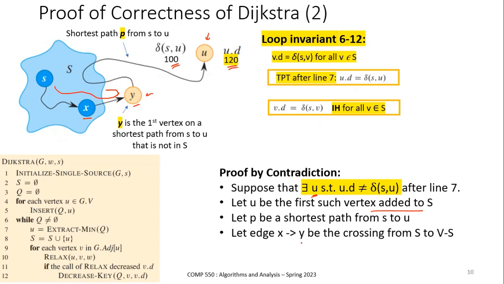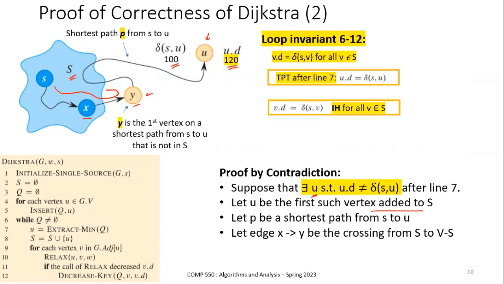X is the last vertex in S which connects to Y. So this path goes from S to X to Y to U. S and X are inside S, and Y is the first vertex outside of S on that path. I hope this picture is clear.